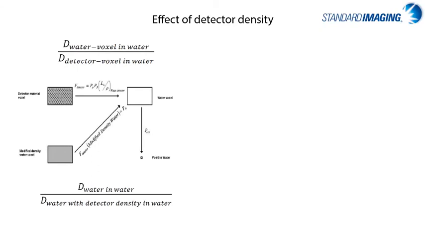Next, let's look at the effect of the detector density, since most of us do not have a calorimeter lying around for a direct measurement of the energy deposited, and our dosimeters are made out of something besides water.